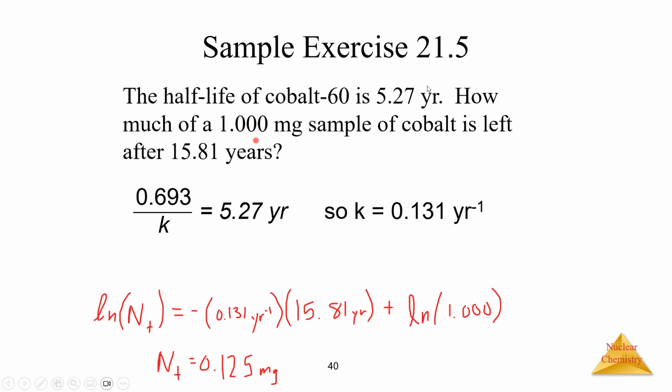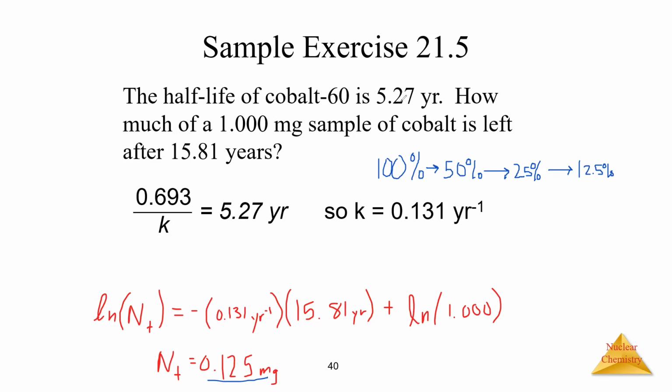So if 3 half-lives are going to pass, that means we'll go from 100% of that substance, and then after the first half-life, we'll be down to 50%. After the second half-life, we would be down to 25%. And then after that third half-life, again, we're going to cut it in half one more time, we're going to be down to 12.5%. And then if you think about it, 12.5% of 1 milligram is just going to be the 0.125 milligrams we saw initially.